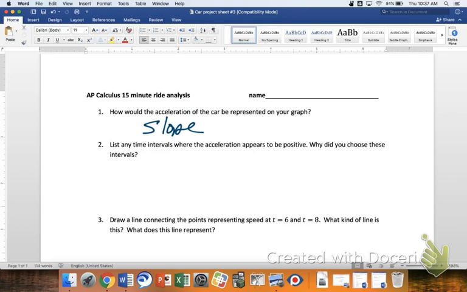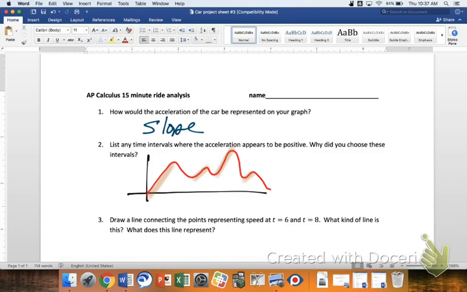So I'm just going to come up with my own graph here, just to illustrate. If I were looking for intervals where my acceleration was positive, I'd be looking at those highlighted intervals.